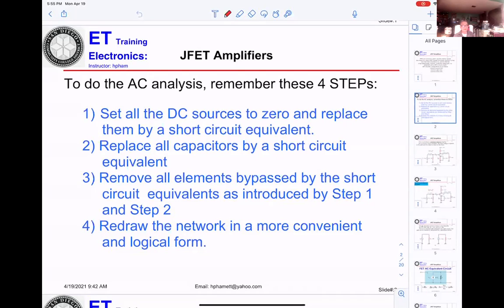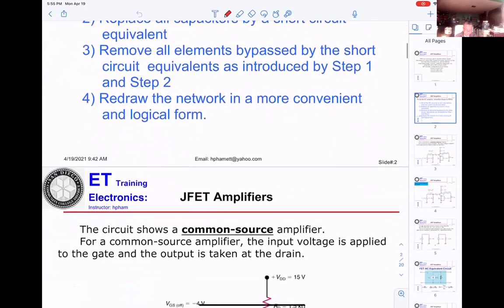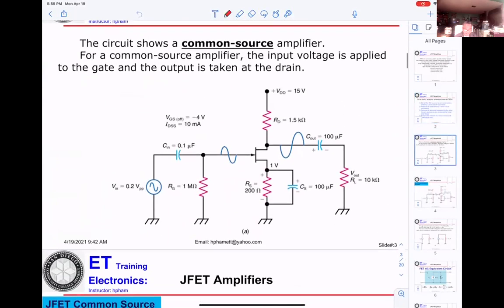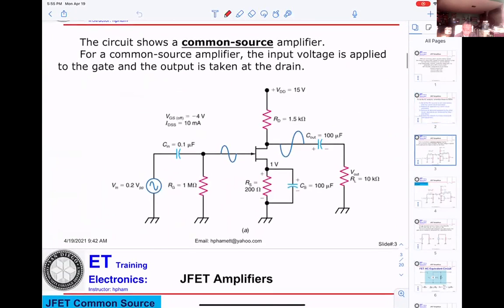Basically, you want to go into detail on the AC circuitry. For the JFET or for the bipolar transistor, we will be following the same way. First one, they're talking about common source. This is a general picture that will be given to you.